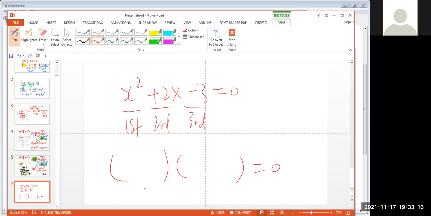Once you factorize it into first term, second term, you just equate the first term to 0, second term to 0. So this is a very basic way to solve these 3 terms questions. So far so good?